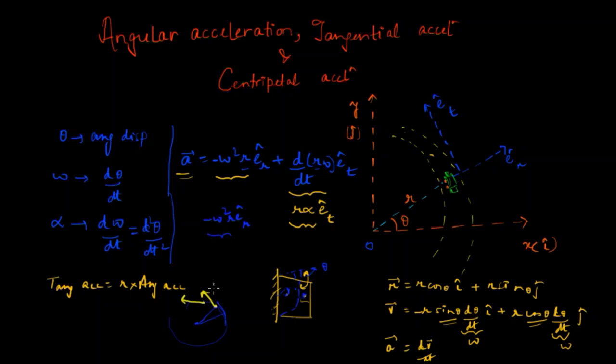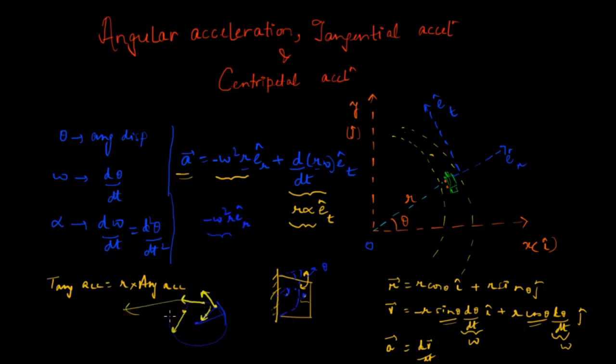So there must be some external acceleration towards the center, which forces this object to move like this, right? So from here, if the object moves here, then the new velocity direction will be like this. Had that external acceleration or force not been there, this object would have gone like this, right?